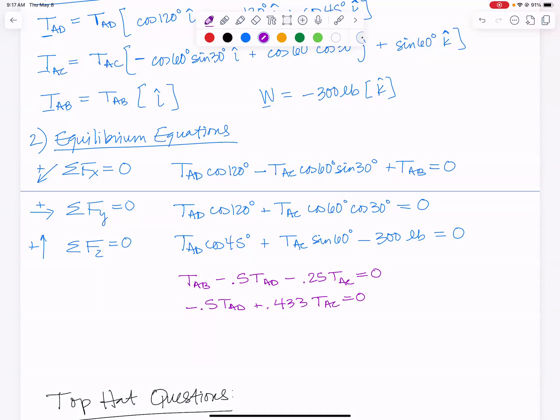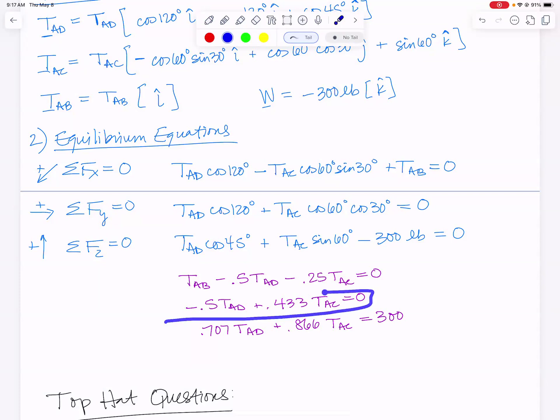And finally, 0.707 TAD plus 0.866 TAC equals 300. Now you can bring the 300 to the other side. I'm not going to go through all the steps of solving this. I look for an equation like this that only has two unknowns and a 0, and I'll solve for one of them.